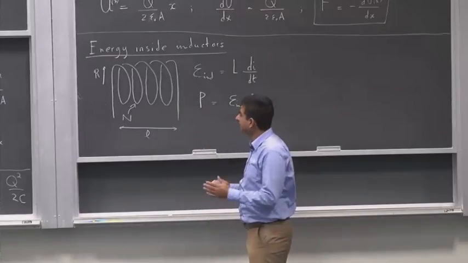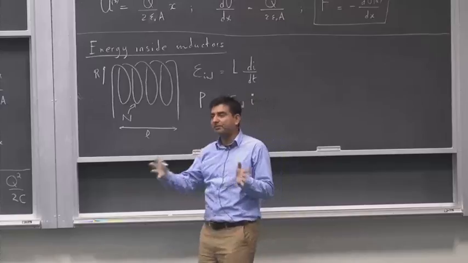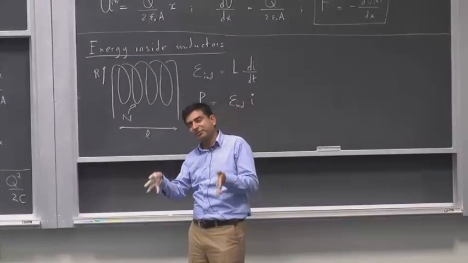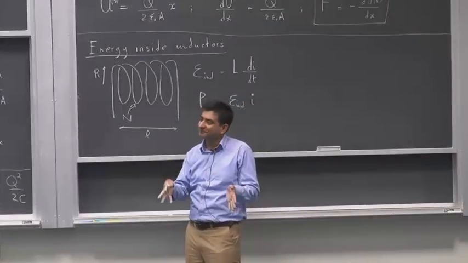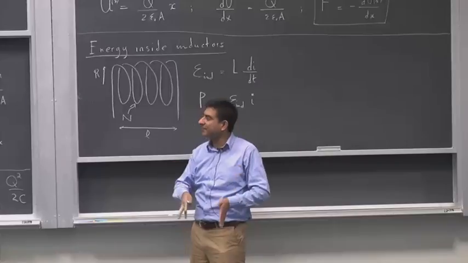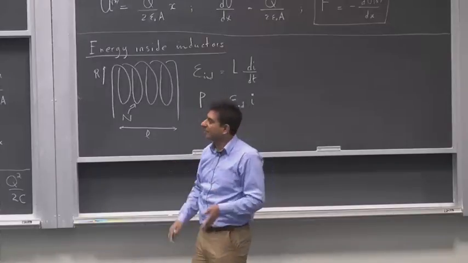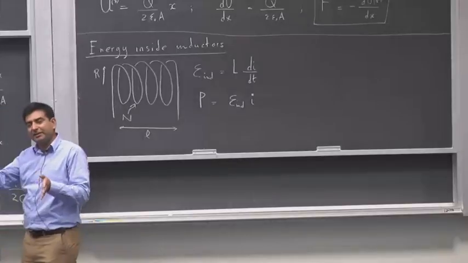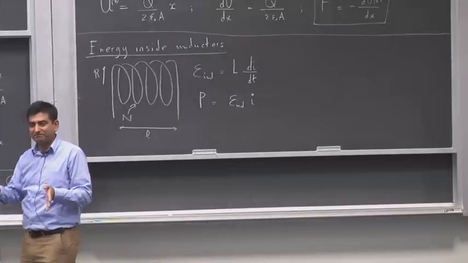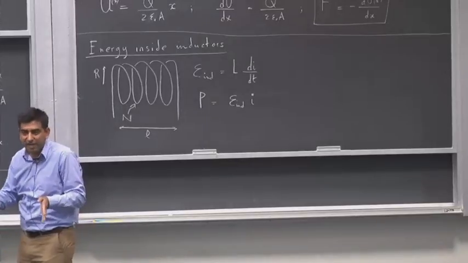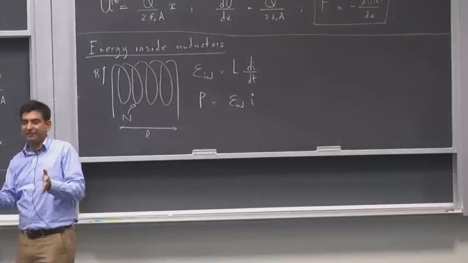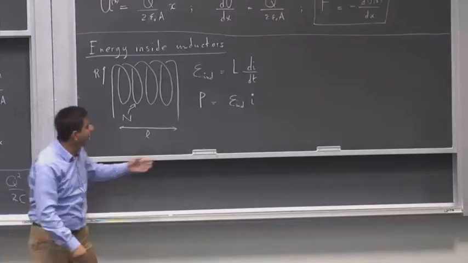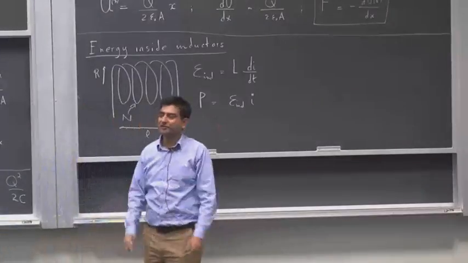Just as if you have a resistor, the power that goes into the resistor is the potential drop across the resistor times the current. The power that is delivered to a capacitor, if you look at this capacitor example, will be given by the current times the voltage across it. You can work this out for yourself. The power through any passive device is given by the voltage across it times the current.